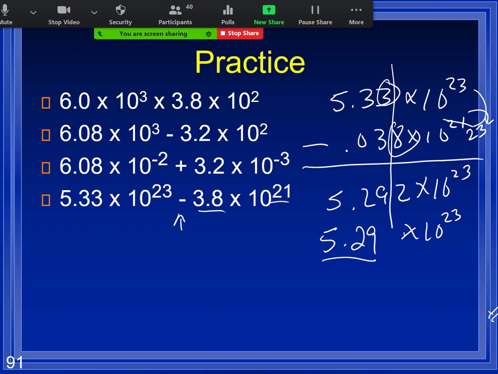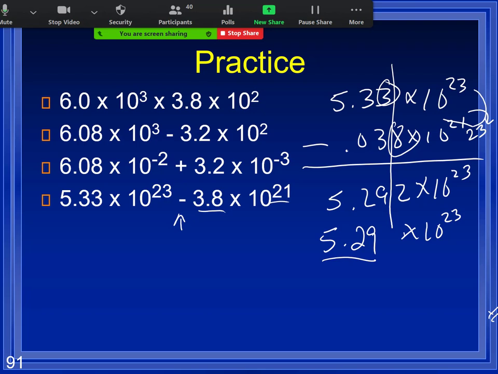Let's see if we can be successful pushing these in our calculators. Got a calculator handy? Try pushing these buttons and see if you get the same answer this time that I got when I did them longhand.